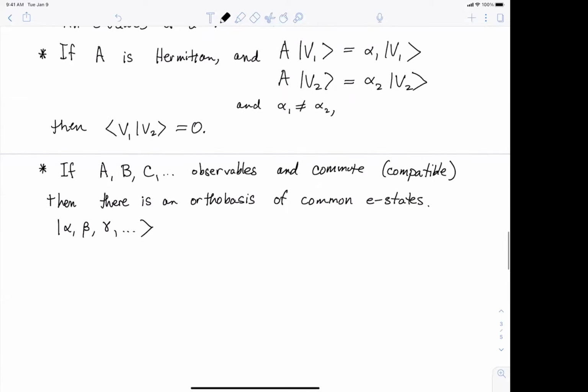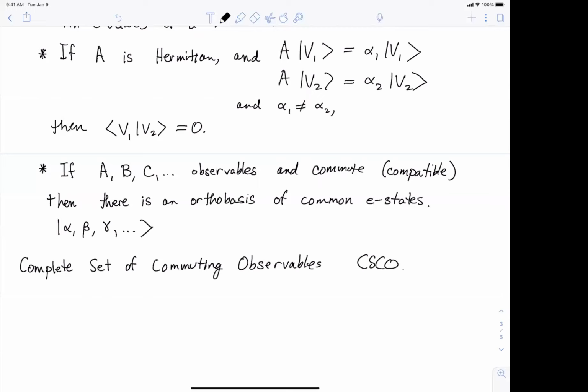And then there's the concept of a complete set of commuting observables. This is not a theorem, this is a definition. A complete set of commuting observables is a very important concept in any problem that we do. If we can, we want to, as soon as possible, identify what the CSCO is.